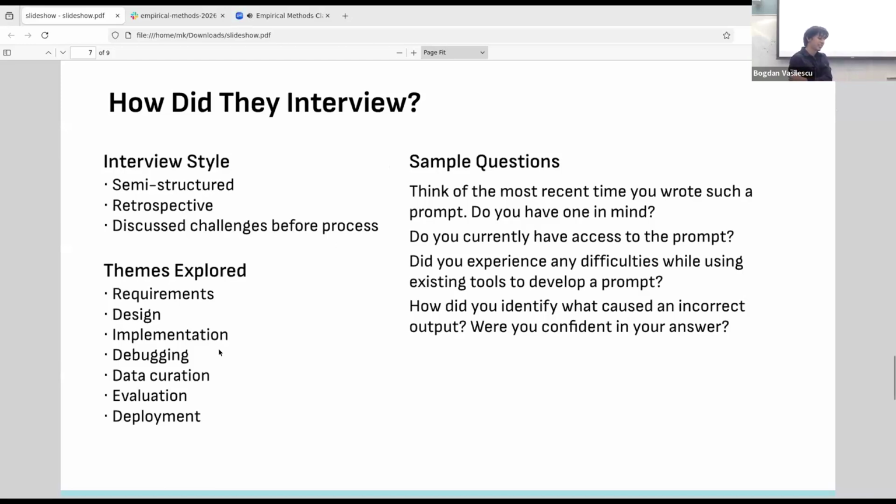And then they tried to focus on these themes, which emerged in their iterative process. And these are also, I think, based in software engineering literature as well. And so there's some sample questions. They had a list of all the questions in the process attached somewhere.